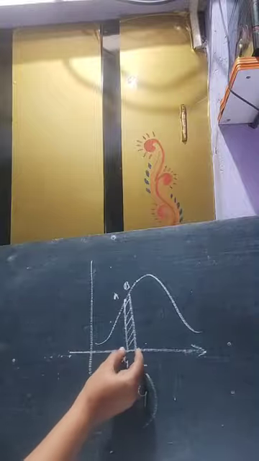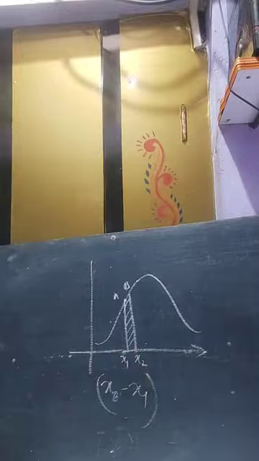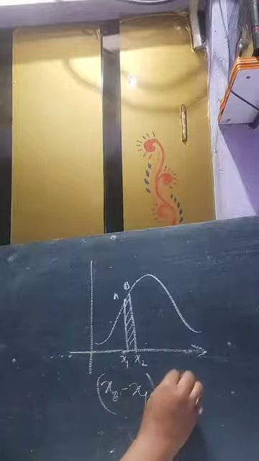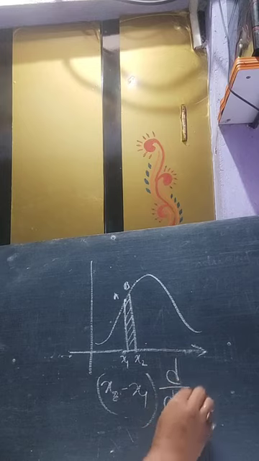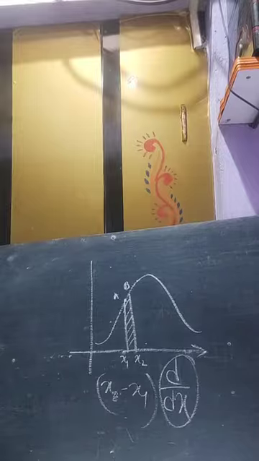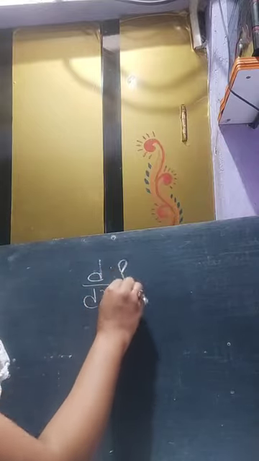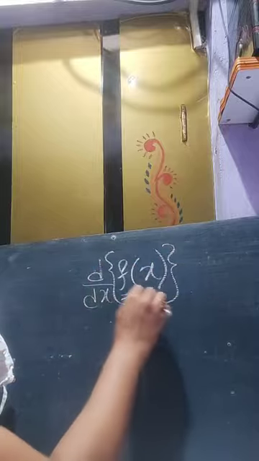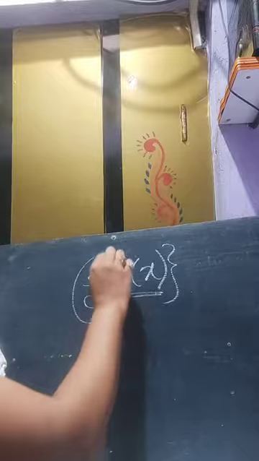Now if I make these very small, it is not physically possible to find the difference. That's why we use this operator d/dx. The d/dx operator works on a function f(x), which is being operated on by this d/dx operator.